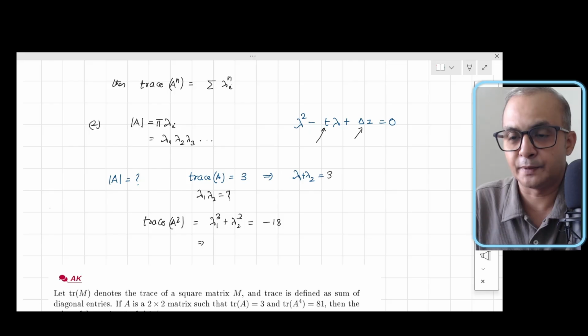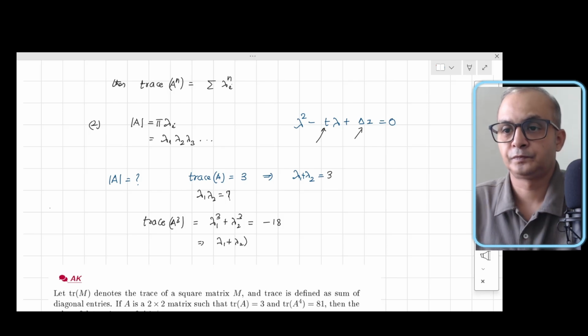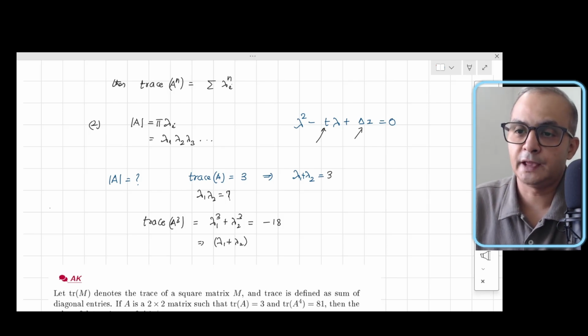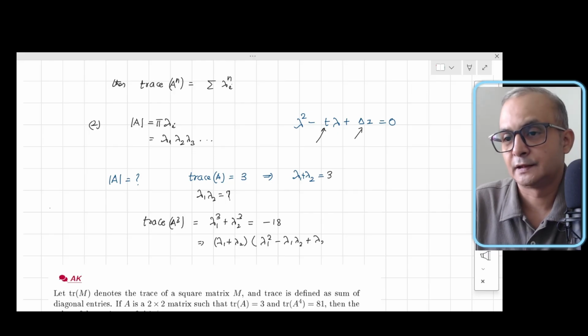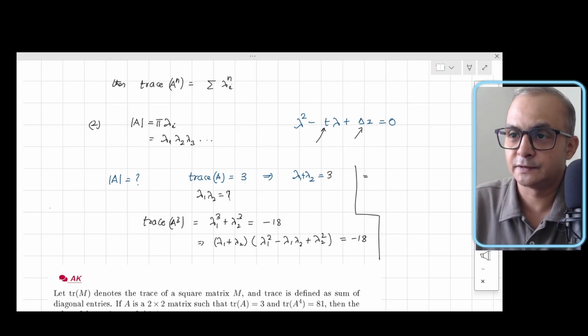I can simply apply the a cube plus b cube formula: lambda 1 plus lambda 2 times lambda 1 square minus lambda 1 lambda 2 plus lambda 2 square is equal to minus 18. And notice what will happen after it.